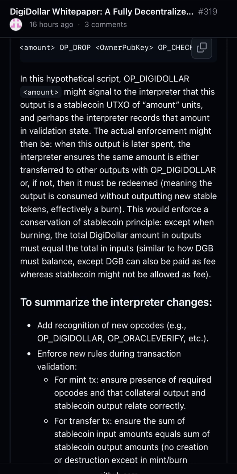This would enforce a conservation of stablecoin principle: except when burning, the total DigiDollar amount in outputs must equal the total in inputs, similar to how DGB must balance, except DGB can also be paid as fee, whereas stablecoin might not be allowed as fee.